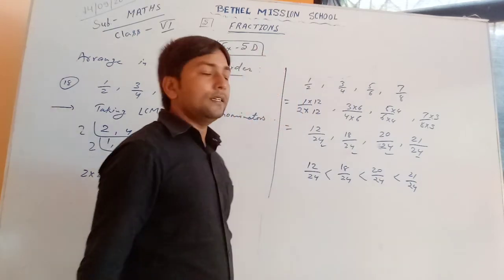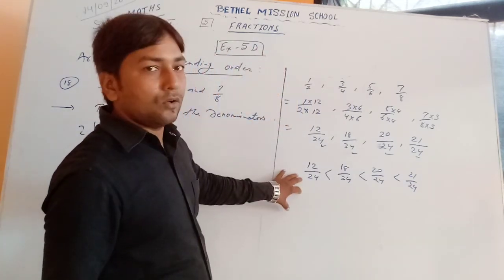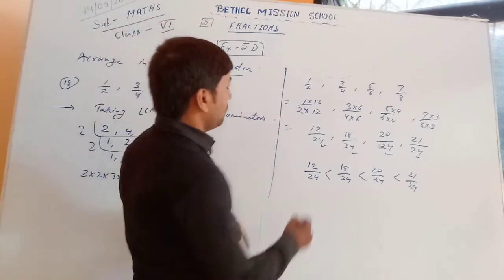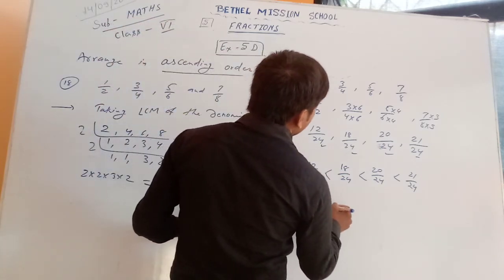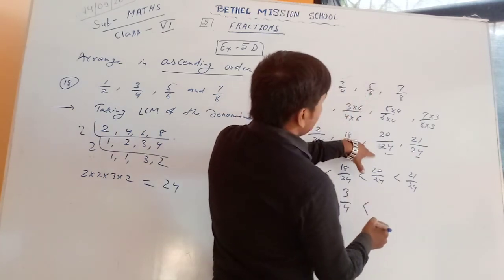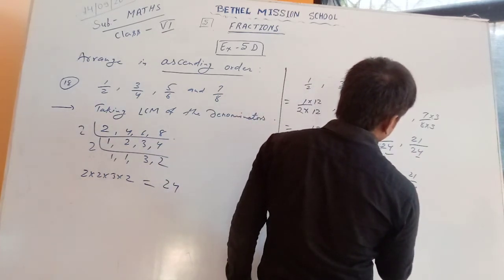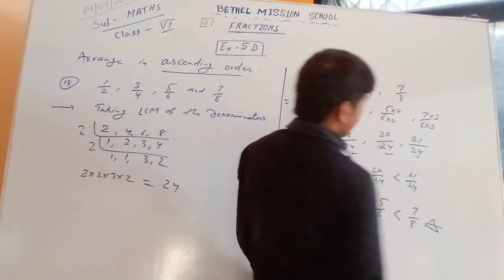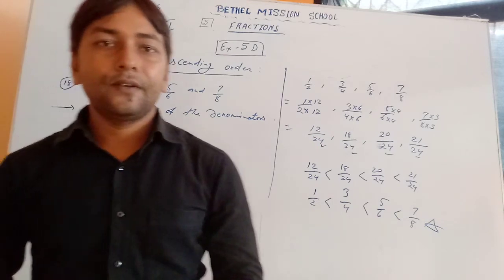This is in ascending order. So 12 upon 24 we got from one half, 18 upon 24 from 3 upon 4, 20 upon 24 from 5 upon 6, and now 7 upon 8. This is the answer.